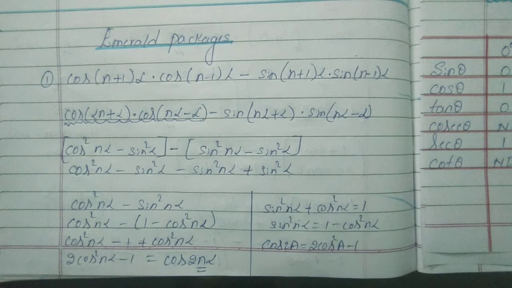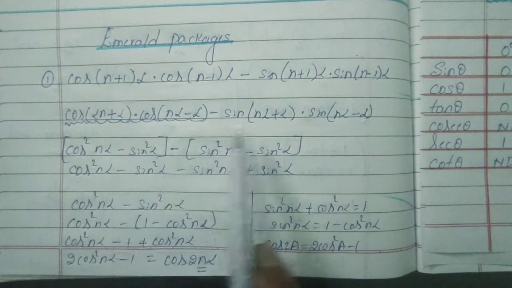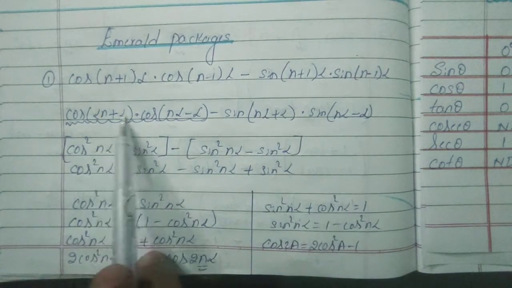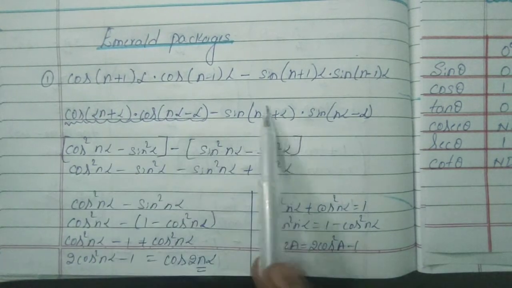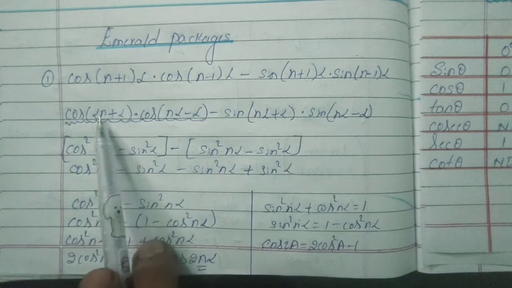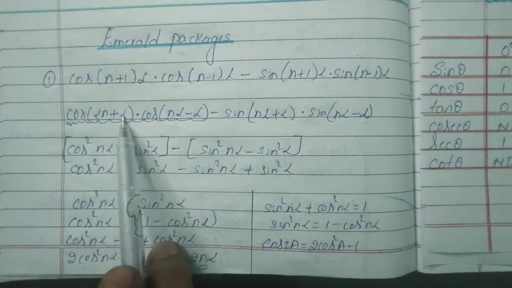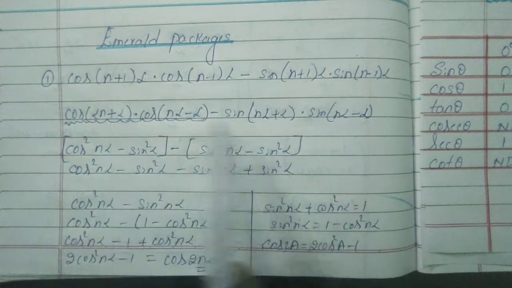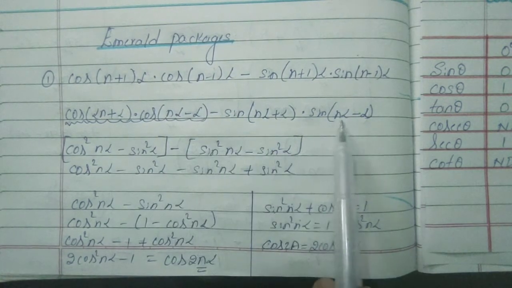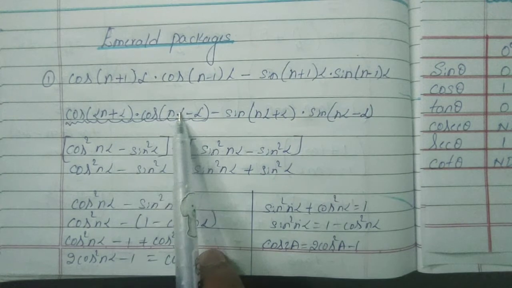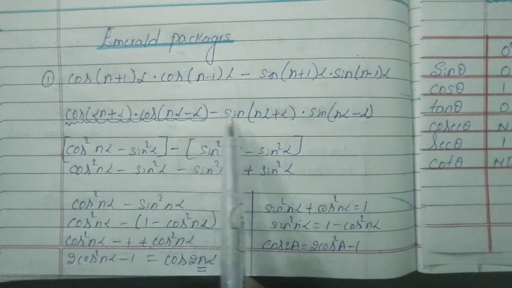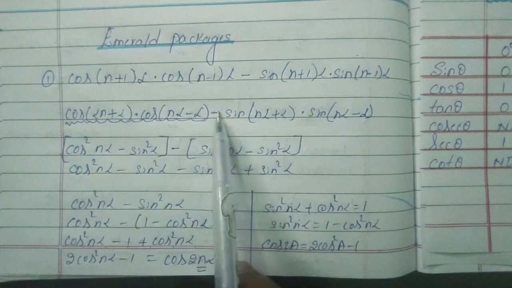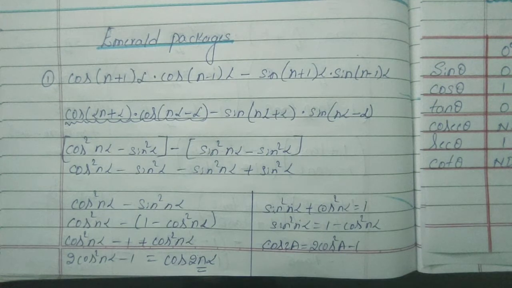Now look very carefully. This is cos, sin, this is A, this is B. Here also A, B. A is nα plus α. B means nα minus α. So this is A, B, cos, cos, sin, sin, minus. So by seeing this, what can you understand?